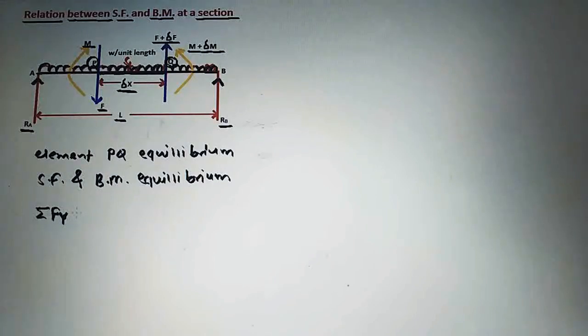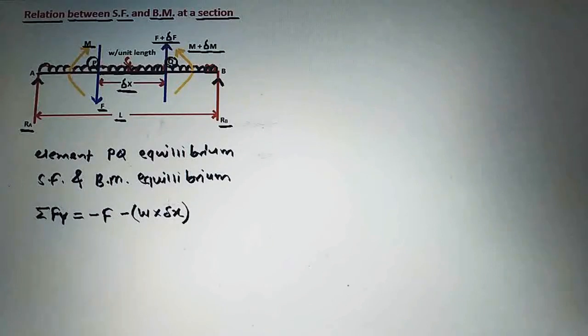Now we are applying summation Fy between sections P and Q here. Why are we applying summation Fy? Because in between sections P and Q, all the forces are vertical forces. So summation Fy should be equal to, we have to take this force F as minus F because it is acting in downward direction, then minus W into delta x.